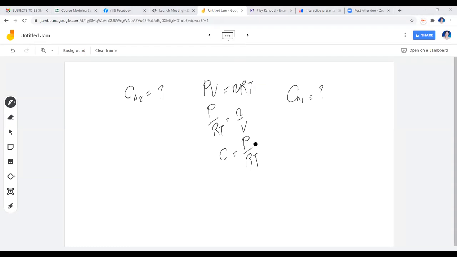Okay? Now we can solve for the concentration at point 2 and point 1 using the partial pressure.